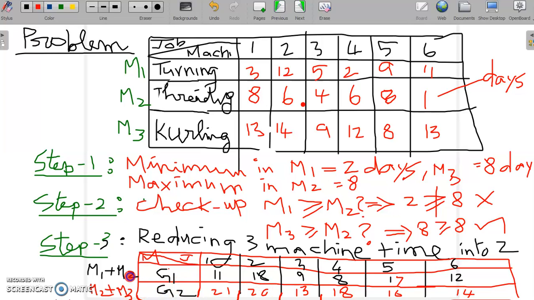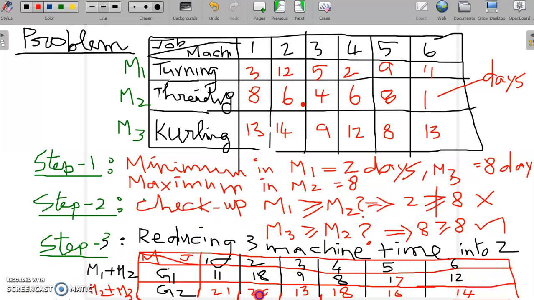Once you finish this, the other steps are the same as in the 2 machine n jobs method, which we already know.